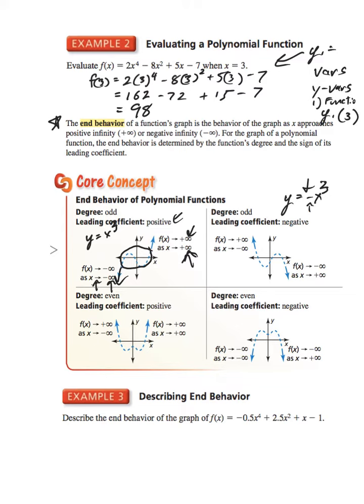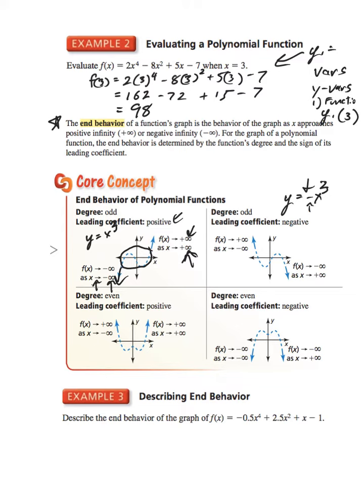So instead of going down to the left, it's going to go up to the left and then down to the right on the other side. So the key is, end behavior is what happens to the function after the wiggling is done, and it helps us understand how the function is going to be drawn, and we'll go into that a little bit later.